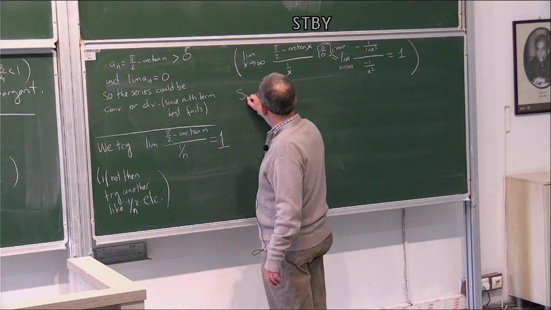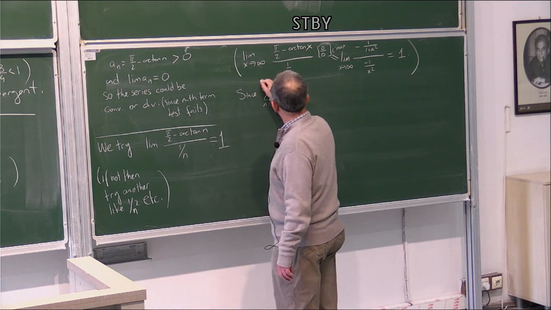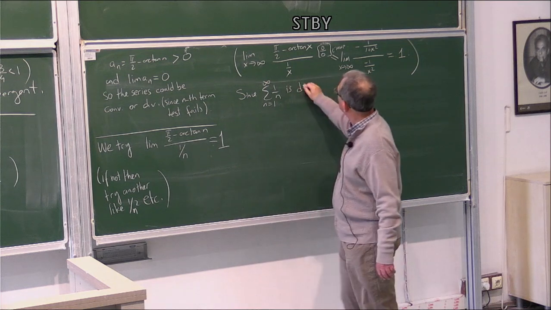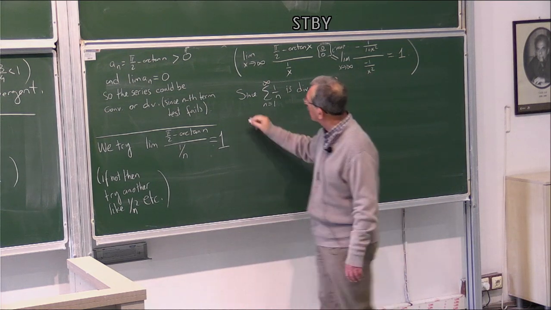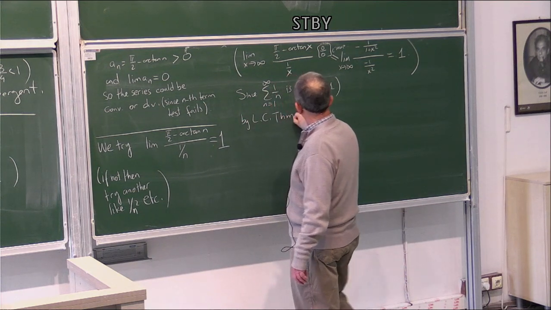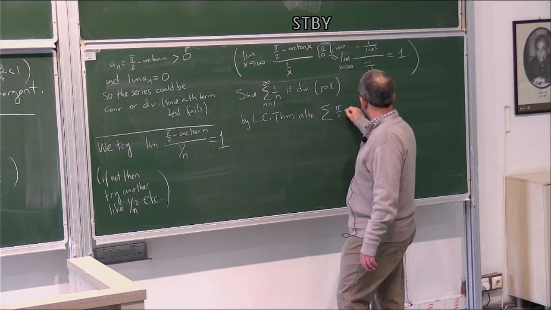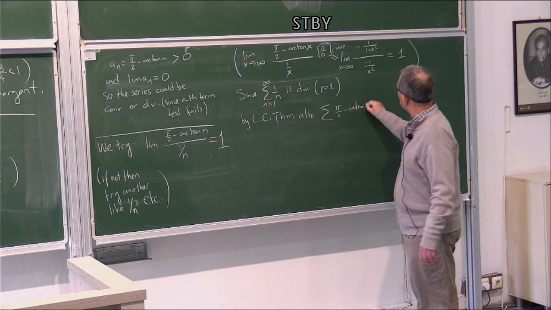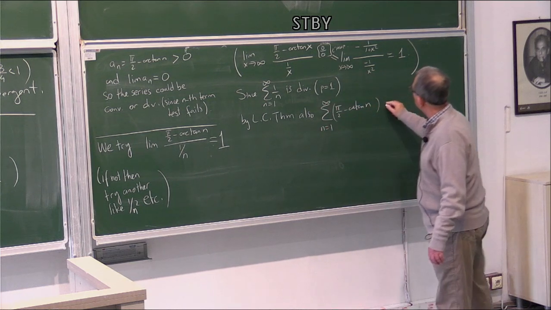Now, since the series is divergent, because p is 1, okay, by limit comparison theorem, also the series diverges.